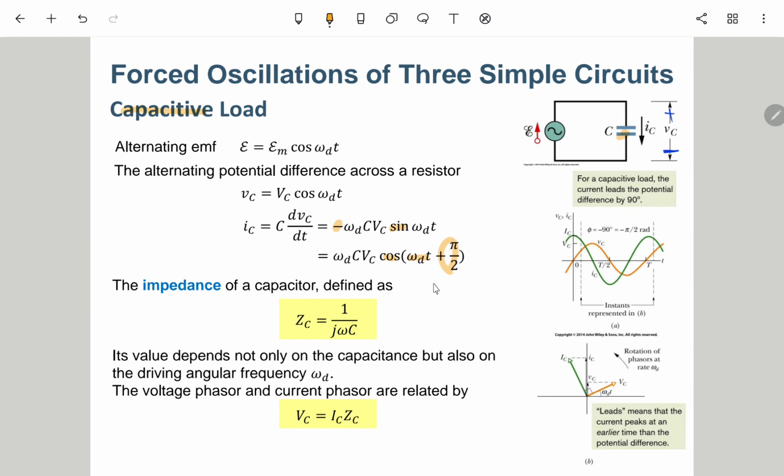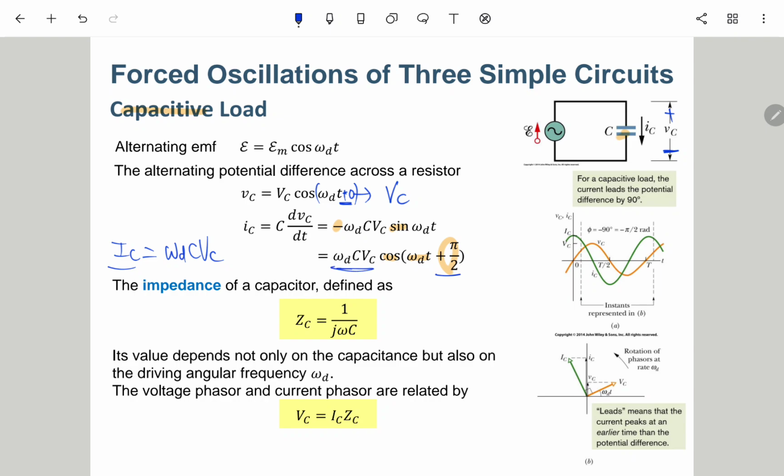Okay, so the idea is that the phasor becomes VC. This is still VC, exponential to 0 degree. Okay, the phase here is plus 0, but here we have plus pi over 2. So actually, for the IC, the phasor of IC becomes omega d C VC, which is this part.